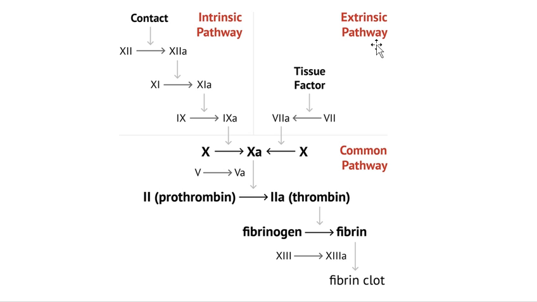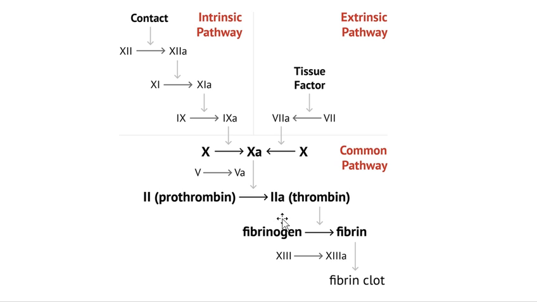On the other hand, in the extrinsic pathway, when the blood vessels are injured, tissue factor comes in contact with blood. Tissue factor is nothing but factor 3, which activates factor 7. Factor 7 activates factor 10. So at this point both pathways combine. Factor 10 forms prothrombinase, which lyses the prothrombin and forms thrombin.